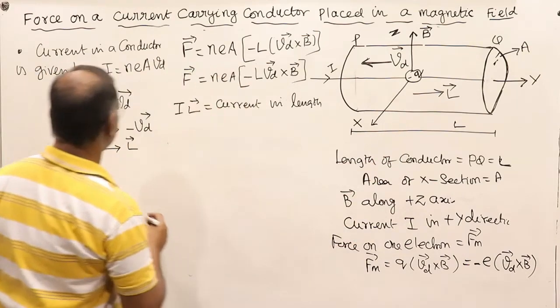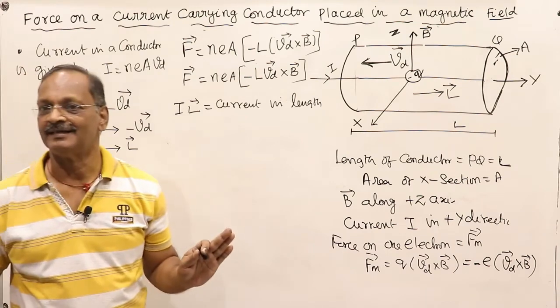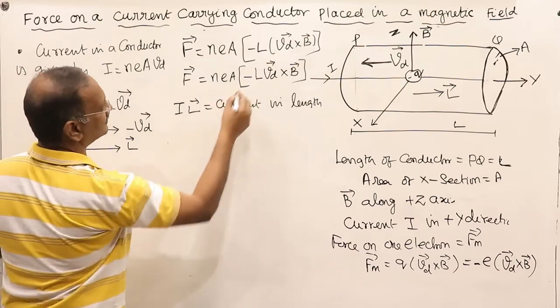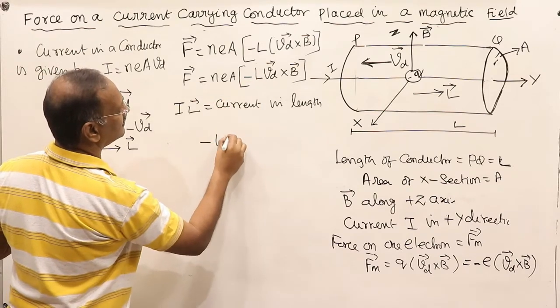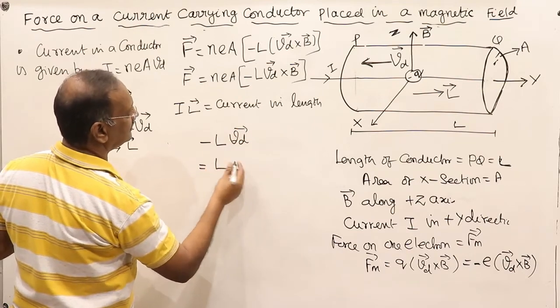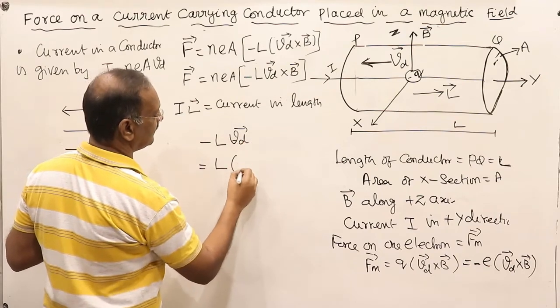So L is in this direction. Since L is in this direction, how will we write minus L into Vd? This can be written as L into minus Vd vector, because L is a scalar and Vd, the drift velocity, is a vector.